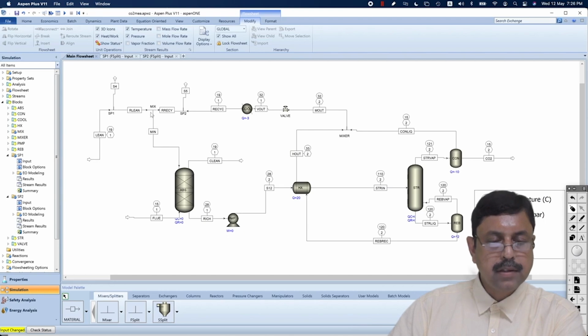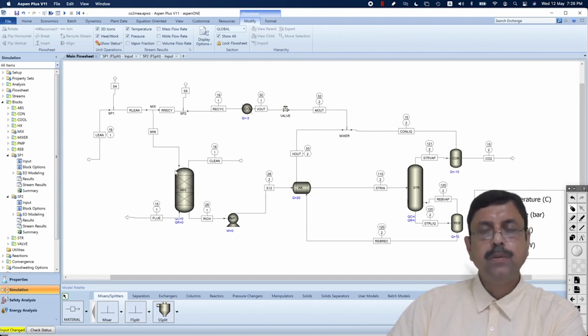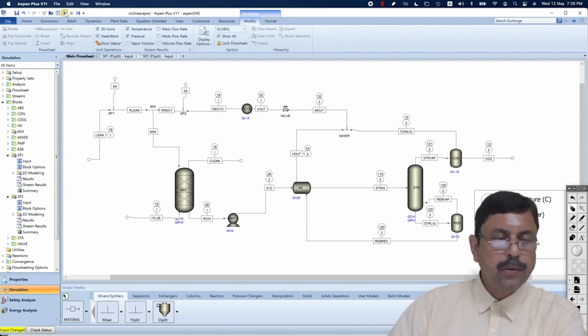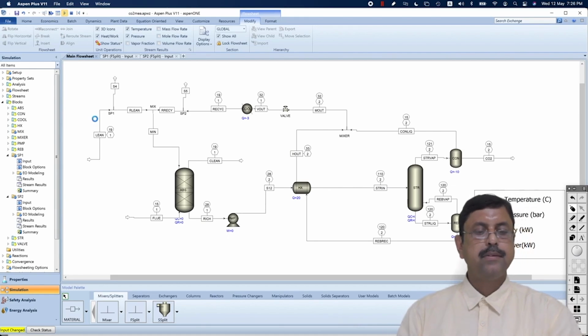These two are mixed, and the mixed flow is being sent into this particular absorber. Okay, so run this.